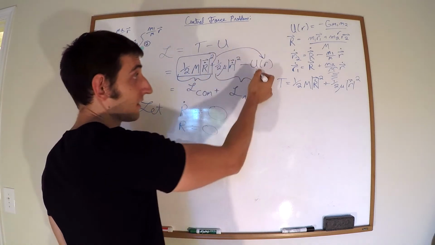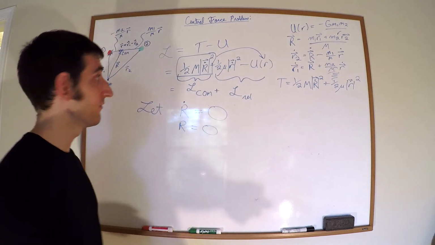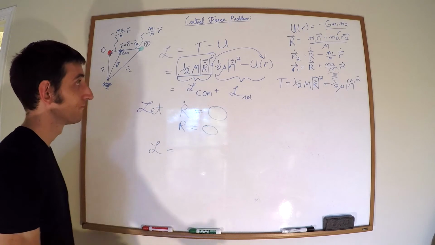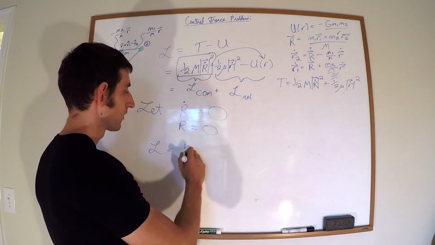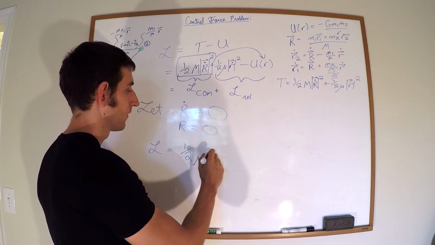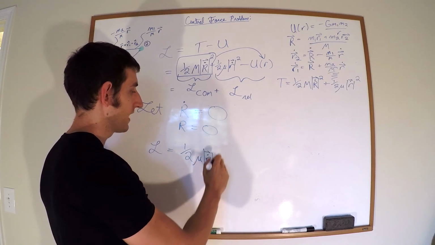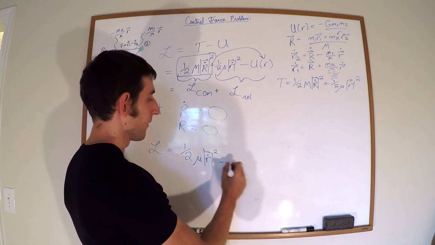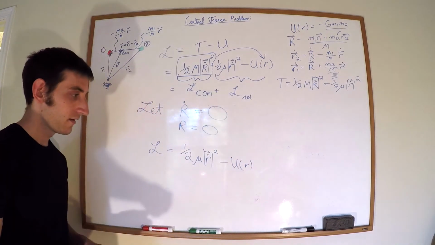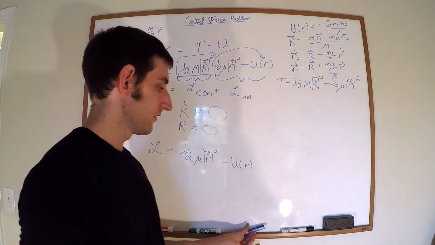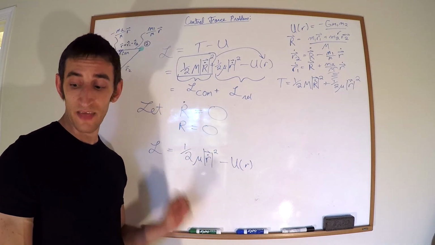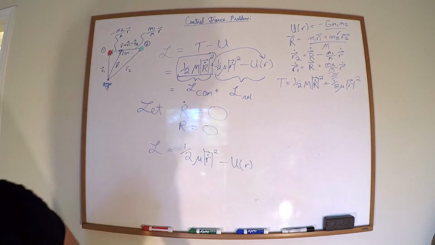Mathematically, this is sort of getting lumped into the U, and it gets redefined, but our Lagrangian then becomes 1/2 mu |r dot| squared minus U(r). Isn't that amazing? Think about that for a second.